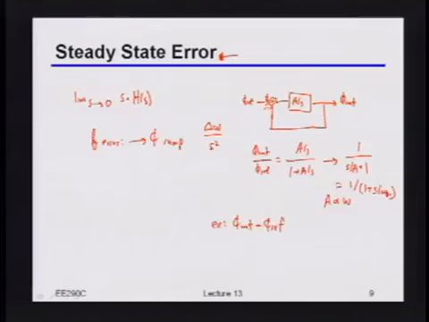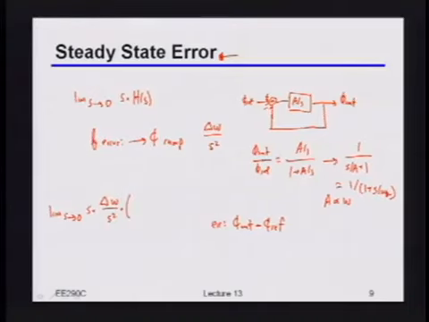So if I want to know the steady state phase error, all I have to do is take the limit as s goes to 0 of s times the input reference, which is delta omega divided by s squared.